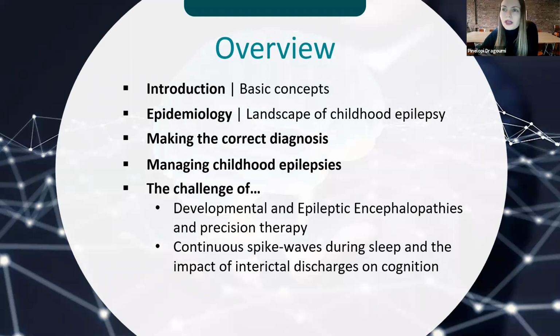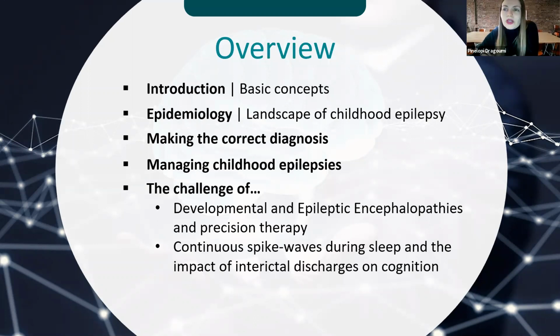And one of those challenges are the devastating developmental and epileptic encephalopathies, with a glimpse of hope there, because there are some new advances with precision therapy, targeted therapies in some of these.